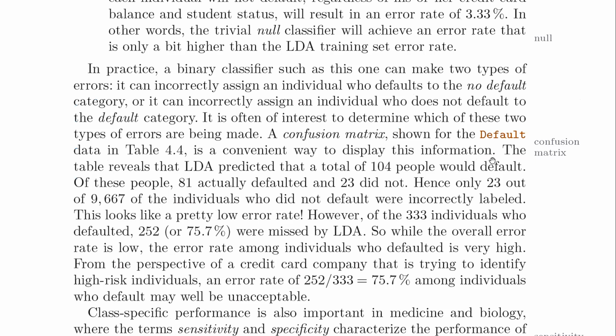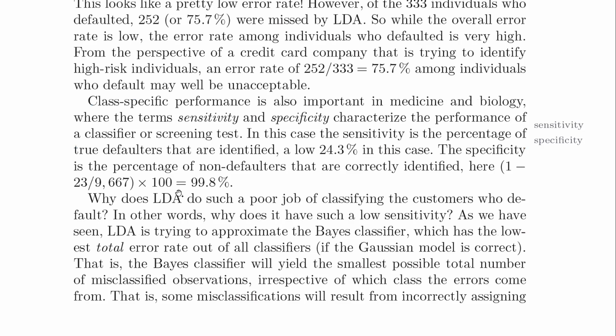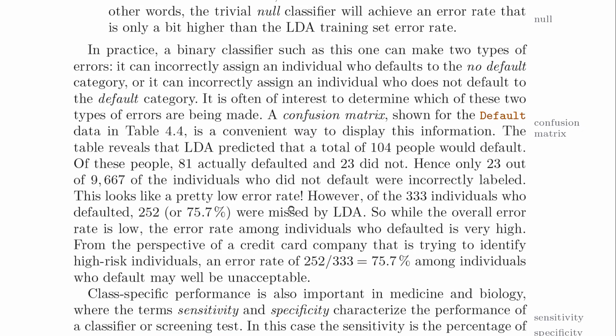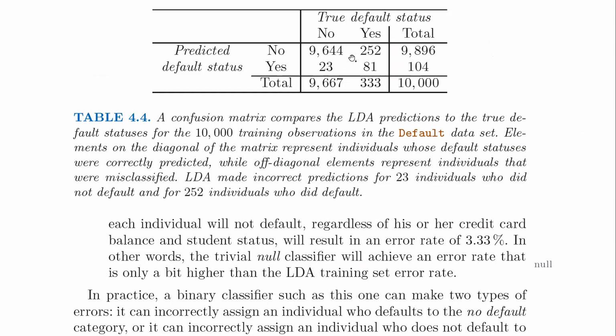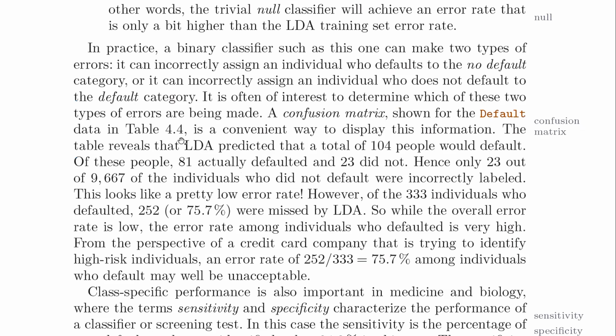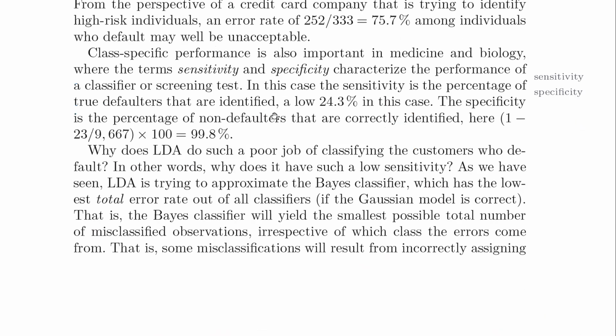The specificity is the percentage of non-defaulters that are correctly identified. So it would be the 9644 out of 9667, which is 99.8%.